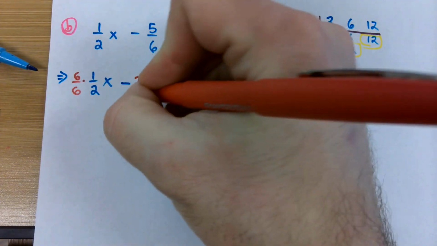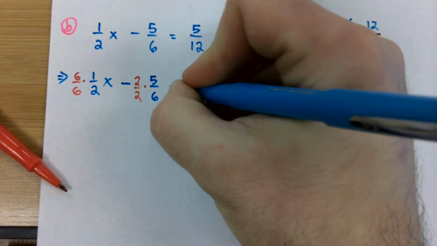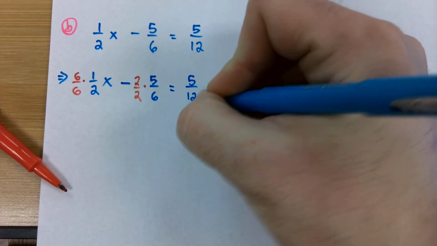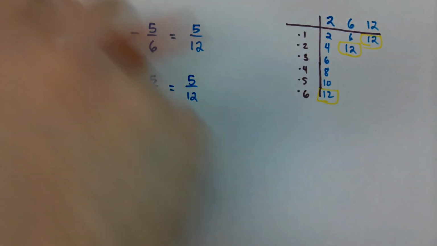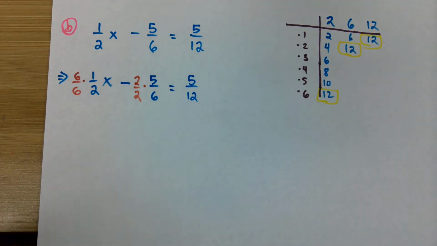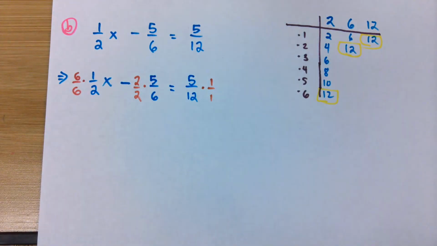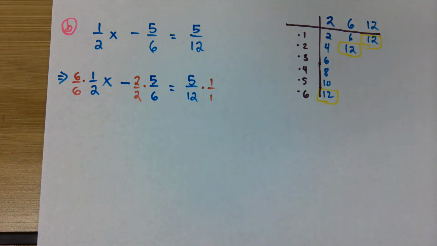Exactly. And then what are we going to multiply 5/12 by if we want to get a 12 on the bottom? 1/1. We'll add it in there just for consistency to show that you need to multiply by all 3 or all 4 terms, however many we have.